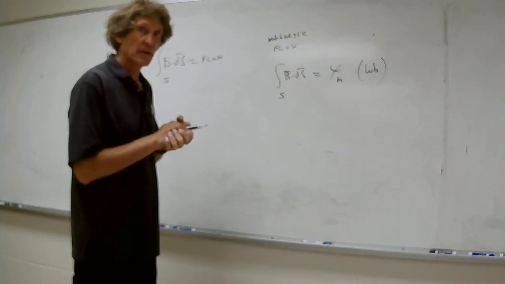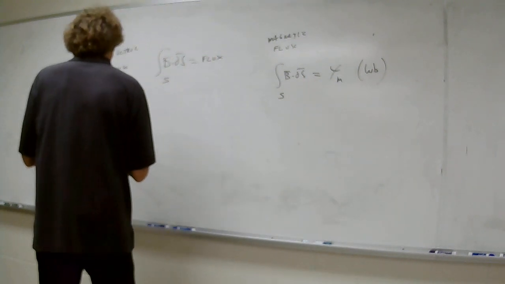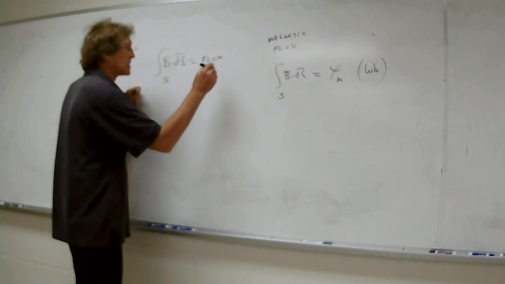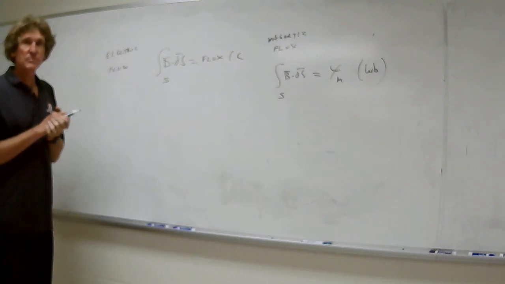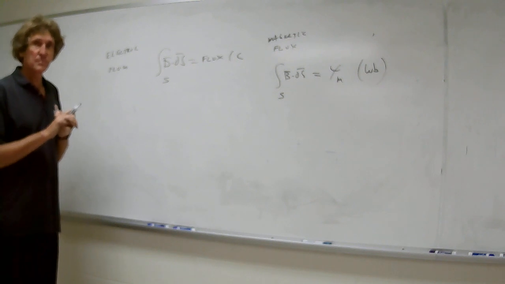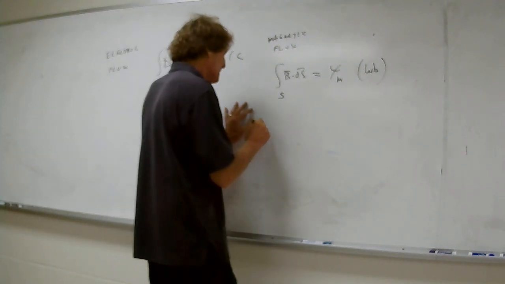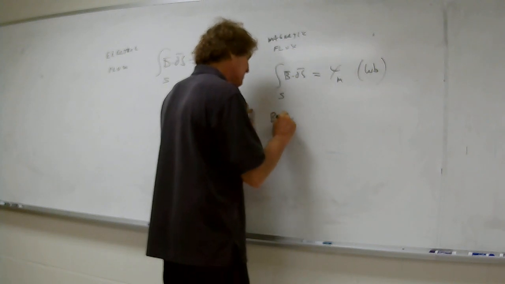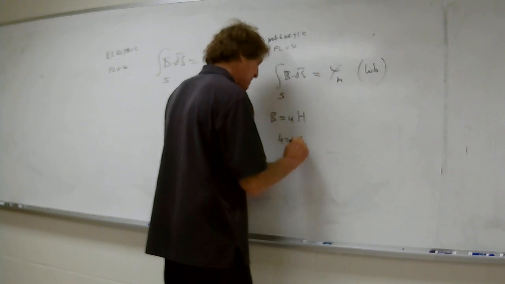What's the units for electric flux? Electric flux here is going to be coulombs, because you're integrating coulombs per meter squared times meter squared, which is coulombs. But this is magnetic flux. So B, again, is equal to mu times H, and the mu is mu relative times mu naught.